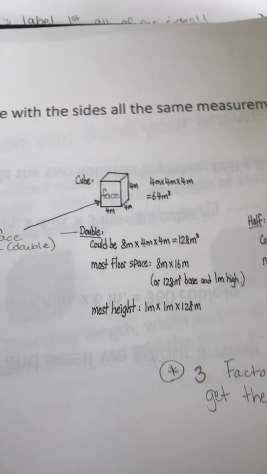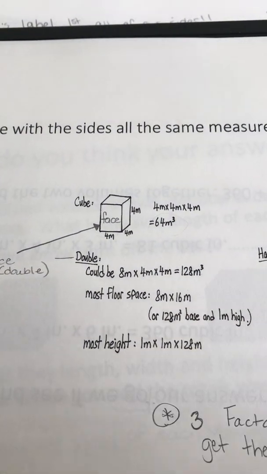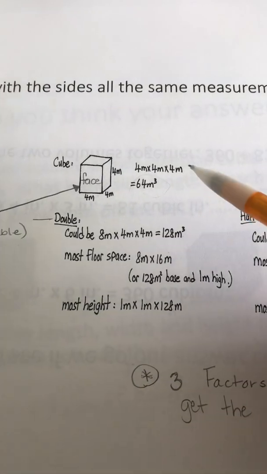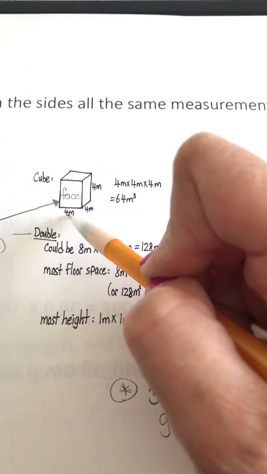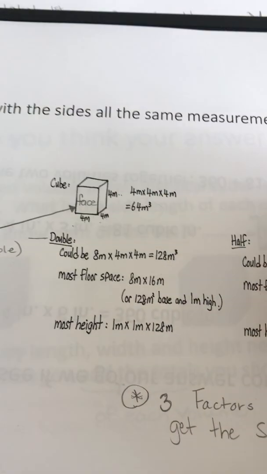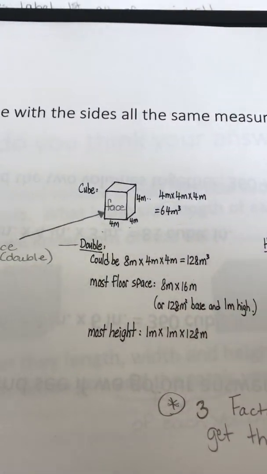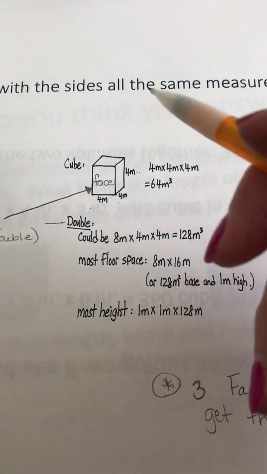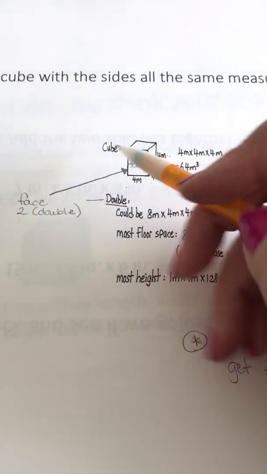All right, so now what do you do when you get a box that's a square? All of the cubes are, the length, the width, and the height are the same, okay? They have the same measurement, so take a look at this. This is the face, okay?